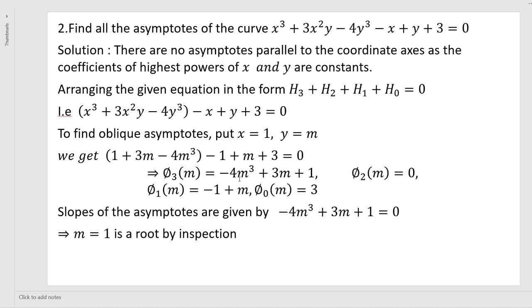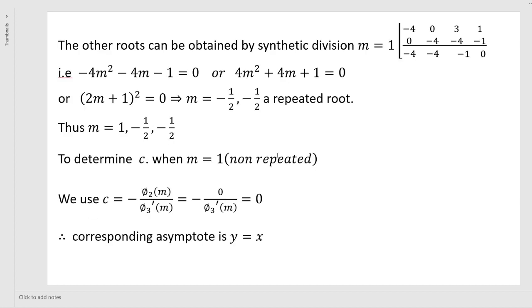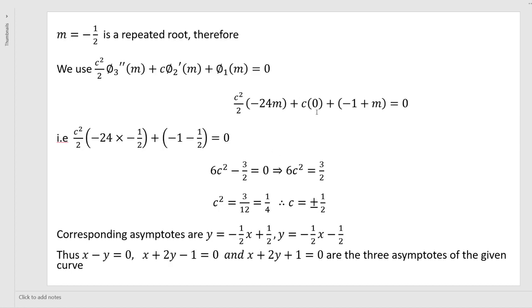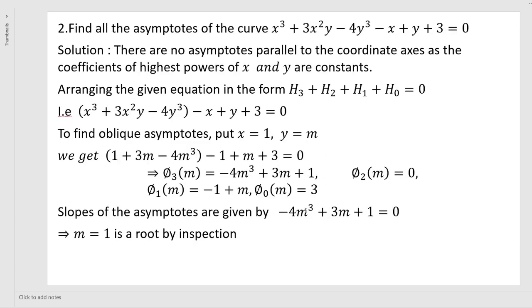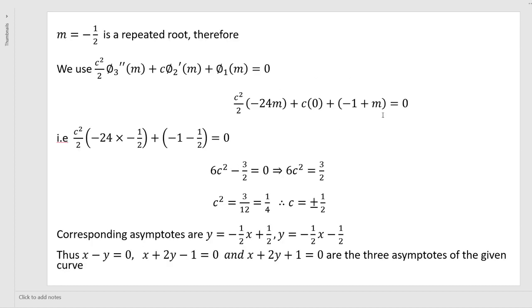For the first derivative, we have minus 12m square plus 3. Second derivative, minus 24m plus 0. Therefore, c square by 2 into minus 24m plus c into phi 2 dash of m, there are no second degree terms, therefore 0, plus phi 1 of m is minus 1 plus m is equal to 0, right?